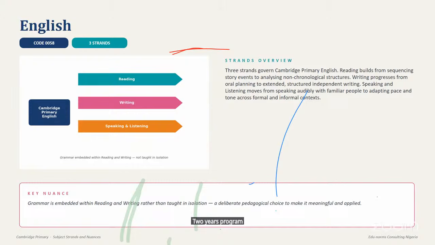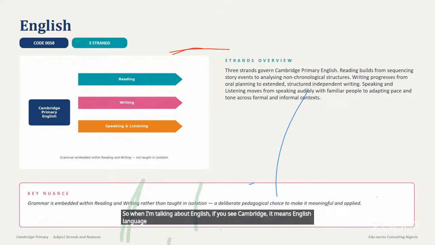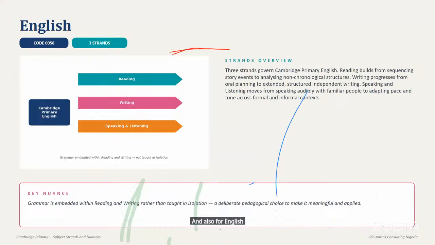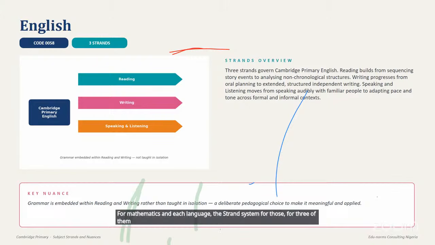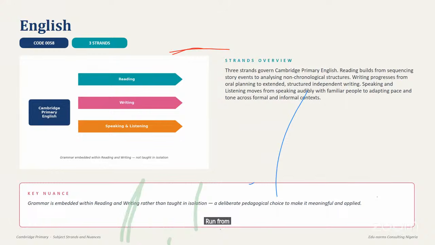So when I'm talking about English, Cambridge Primary English means English language for primary and lower secondary, and it's the same thing for the senior secondary as well. For mathematics, English language, and what they call Cambridge Global Perspectives, the strand system runs from primary to upper secondary.